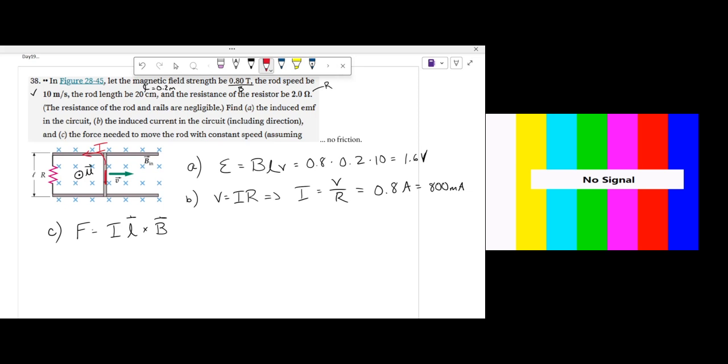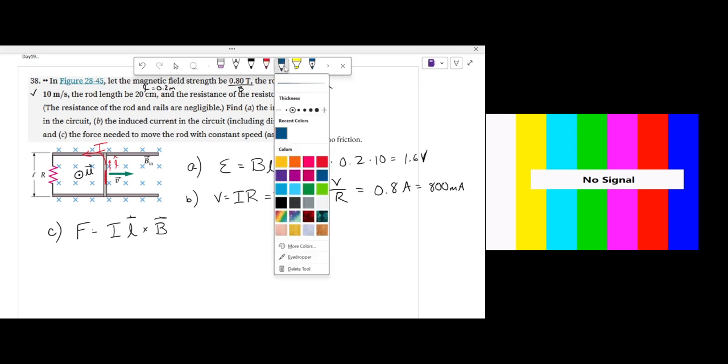And now it comes to the right-hand rule that you were just asking about. If we want IL cross B, in that case, L is going to be pointed in this direction. So this is L hat. If I take L crossed into B, I align my middle finger to L, I cross into the board to get B. The force in this case is going to be to the left.